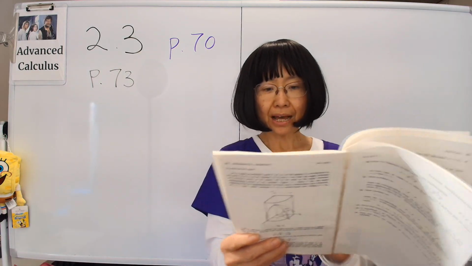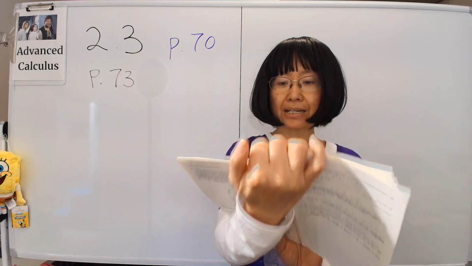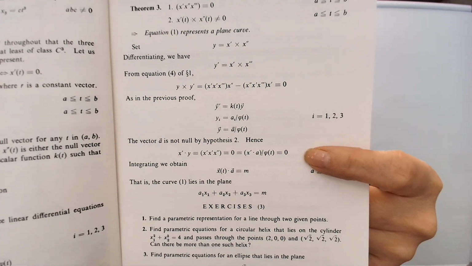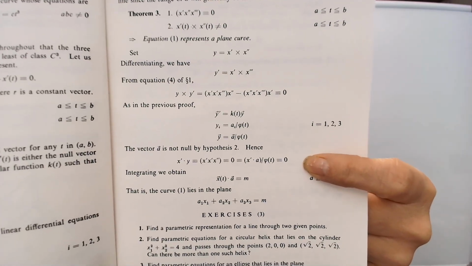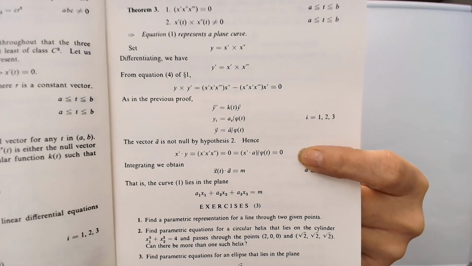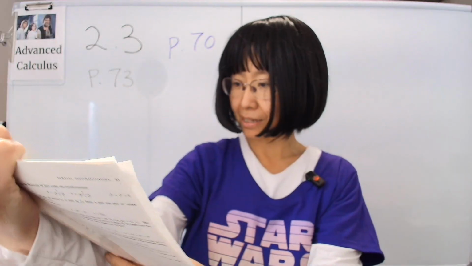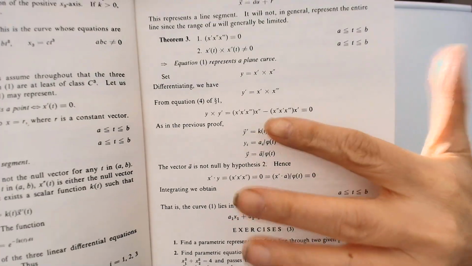So next we are going to consider x prime dot y. If you write it out, that becomes the determinant of x prime, x prime, x double prime, which is equal to 0 because you have two x primes in that determinant.